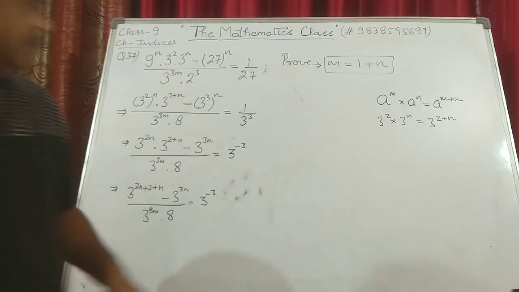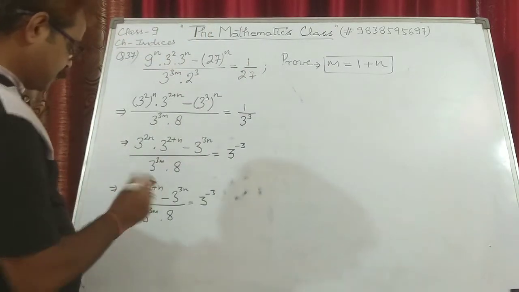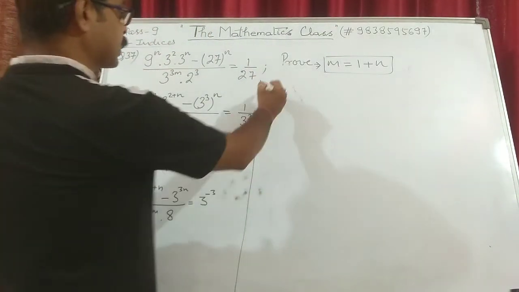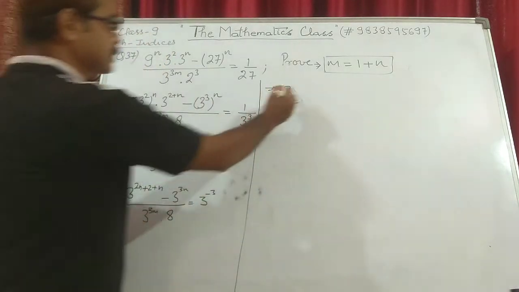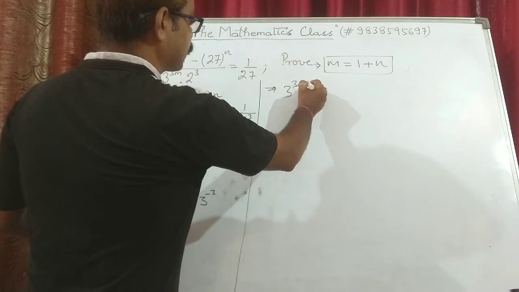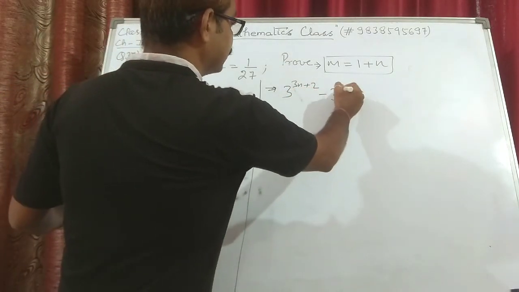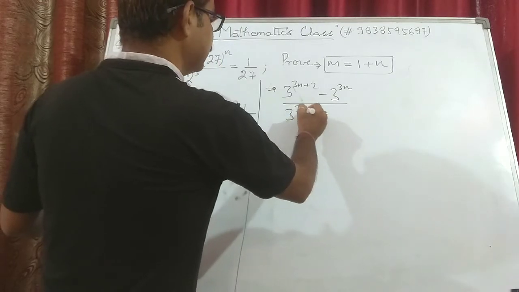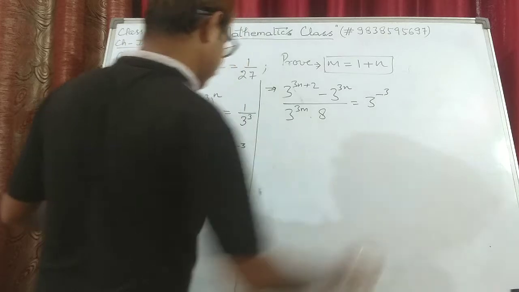Now, what we will do, if we add them, 2n plus n will give you 3n, means this can be written as 3 to the power 2n plus n is 3n plus 2 minus 3 to the power 3n upon 3 to the power 3m into 8 is equal to 3 to the power minus 3.